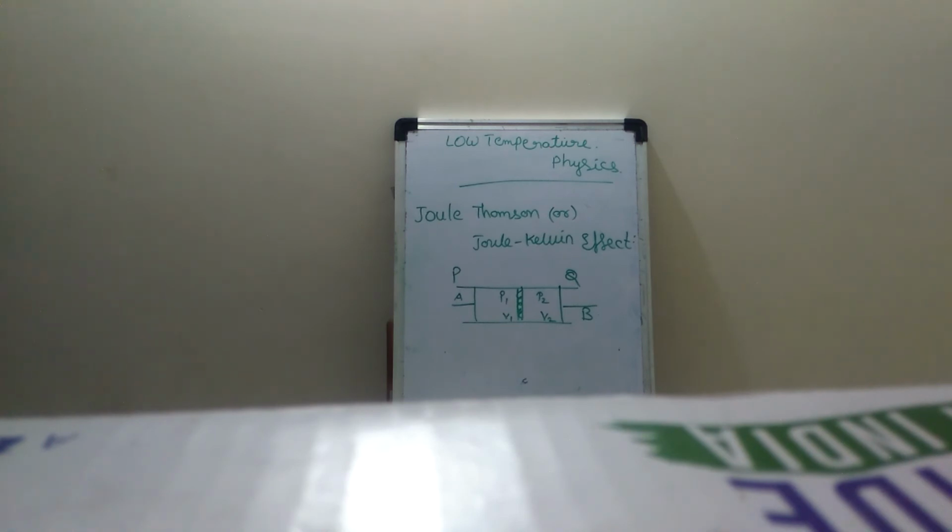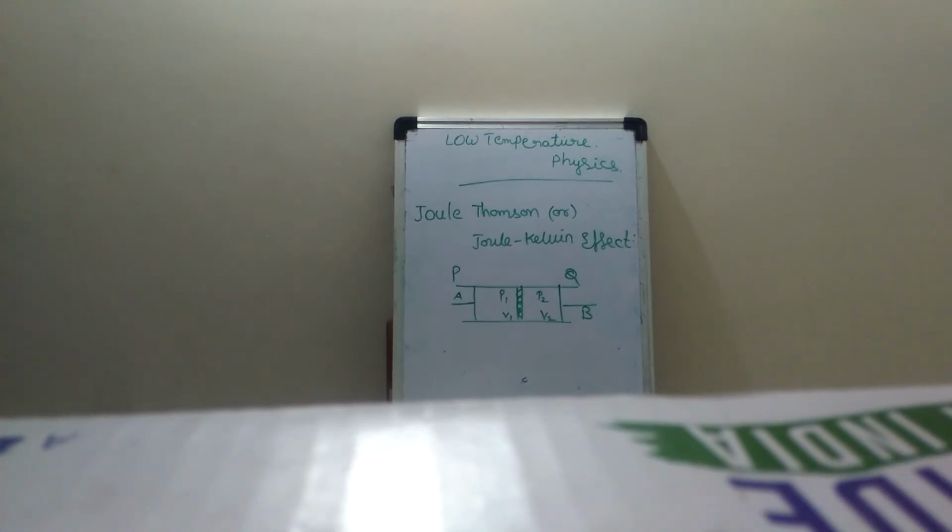Now we will see how this gas passes from one chamber to the other. Suppose that piston A is moving towards the porous plug. The result is that a mass of gas is transferred from the left compartment to the right compartment. Here it is assumed that the high pressure on the left compartment and the low pressure on the right compartment are kept constant.